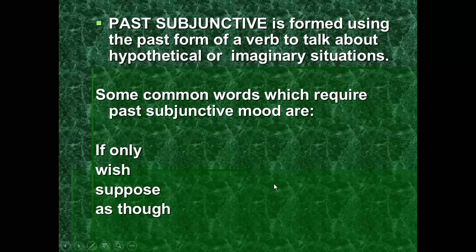Now, this means whenever you see these words, you got to understand that the particular sentence is in the past subjunctive mood. So these are the indicators of the past subjunctive mood.